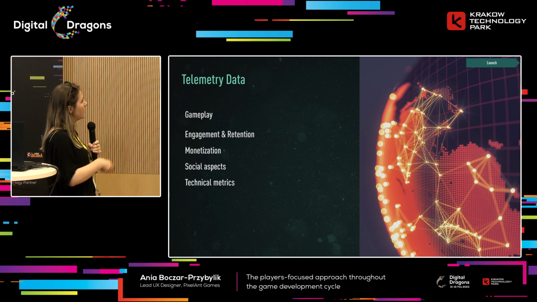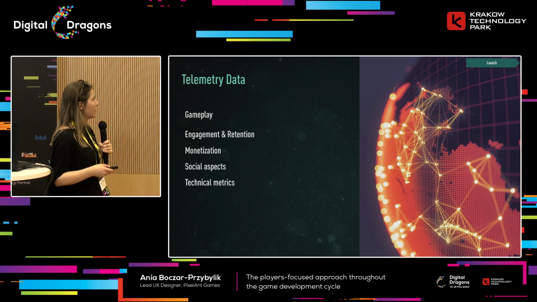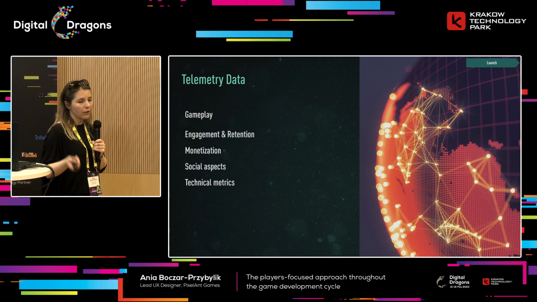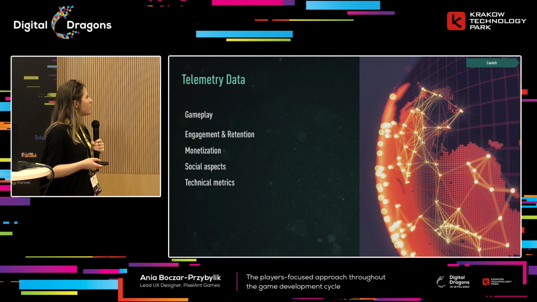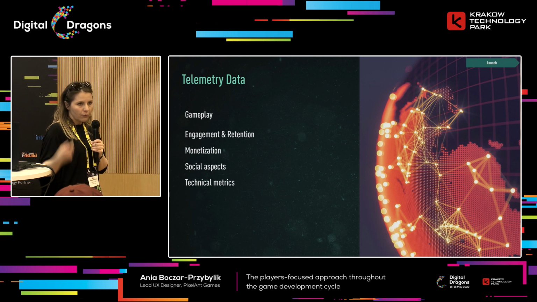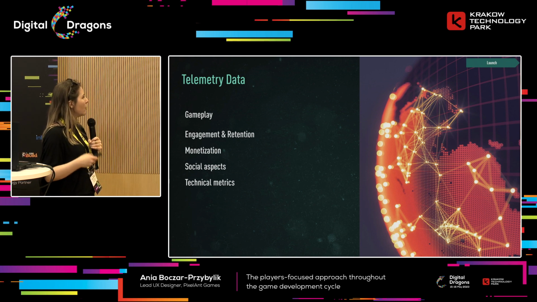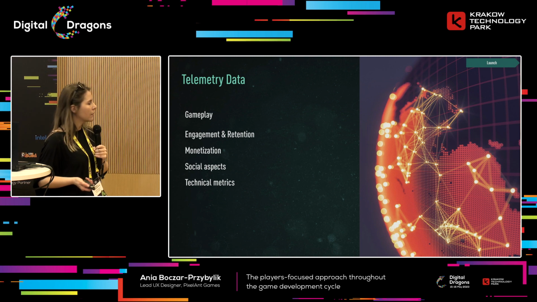So there are a couple of metrics that we can gather. There's gameplay metrics, so it's all about balancing, like what kind of skills they pick, where they die. There's engagement and retention, so how long they play the game, if they are returning to the game. Monetization, so it's financial stuff, if the game is selling well or not.